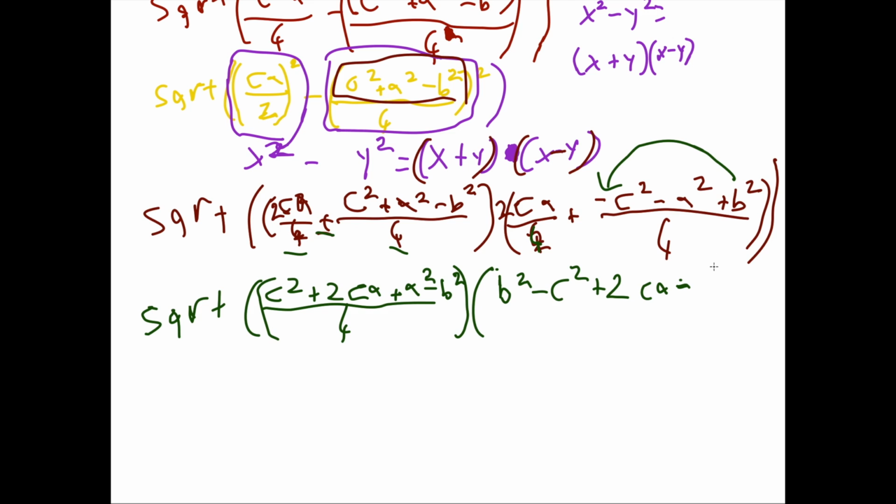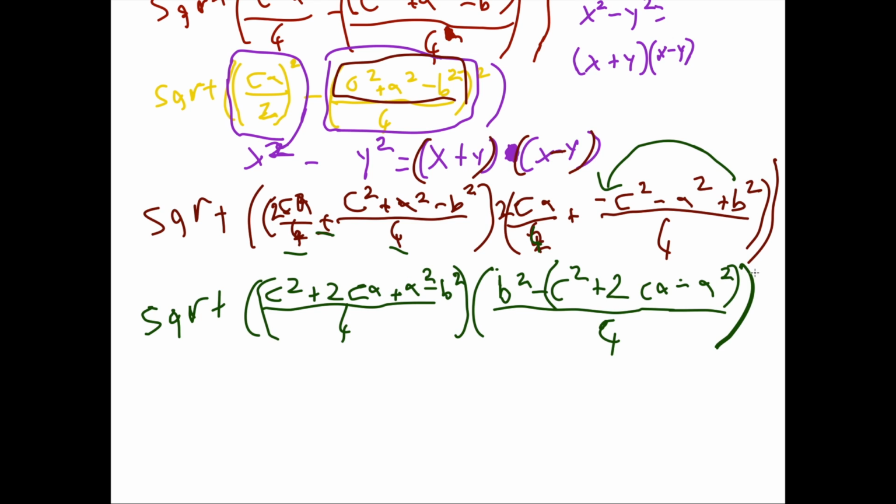No. Wait. Yeah, this is minus A squared, and we're going to put that in brackets. Okay, so now if we distribute this minus here, yeah. Actually, no, let's not do that. Okay, and divide that by 4, we get this.